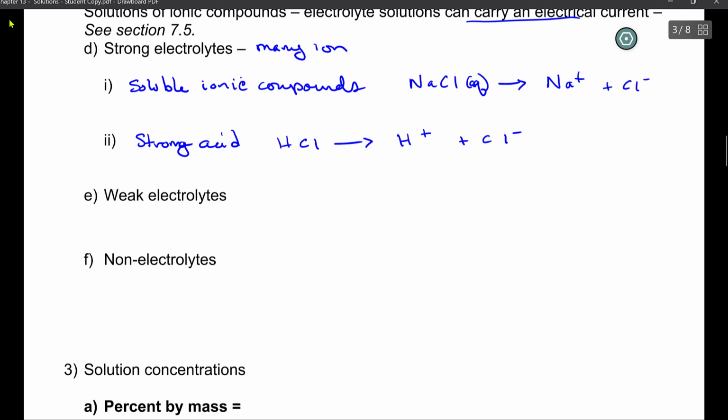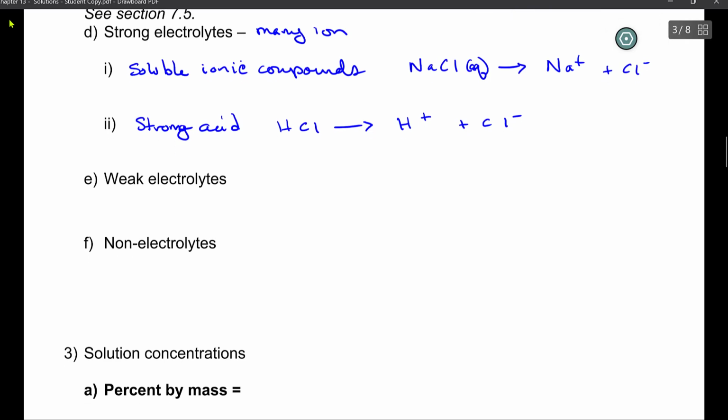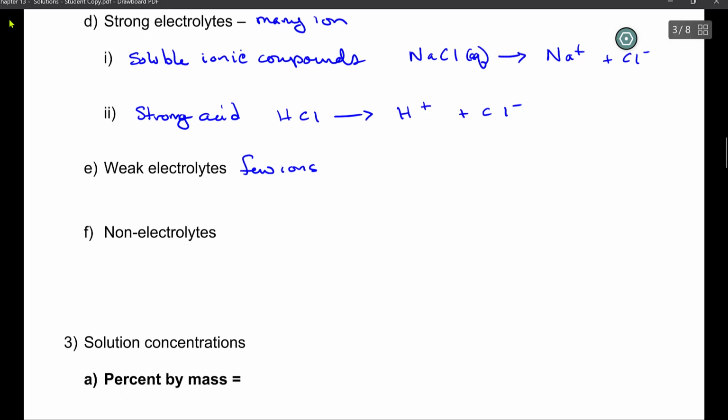Now, we have weak electrolytes, and these make few ions. In particular, the kinds of compounds that we're looking at that were weak electrolytes are the weak acids. There's also weak bases, but we don't cover those in this class. A weak acid is something like HF.